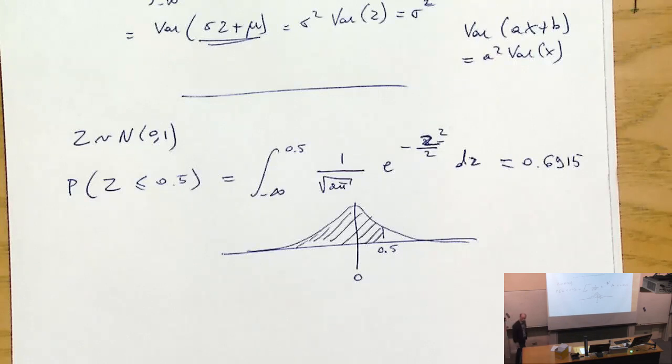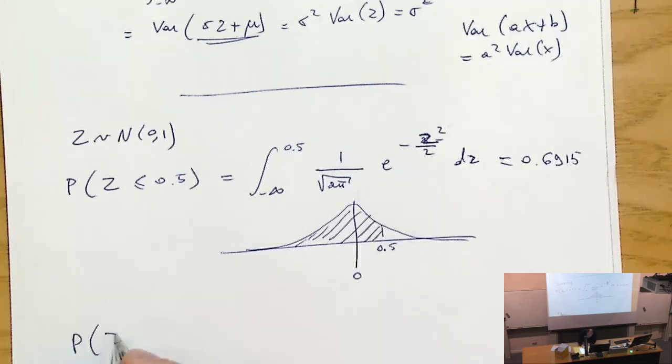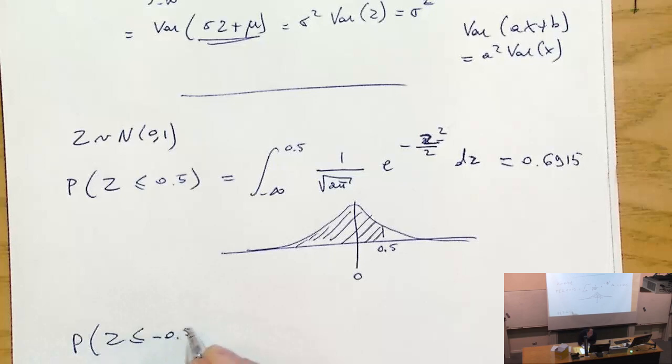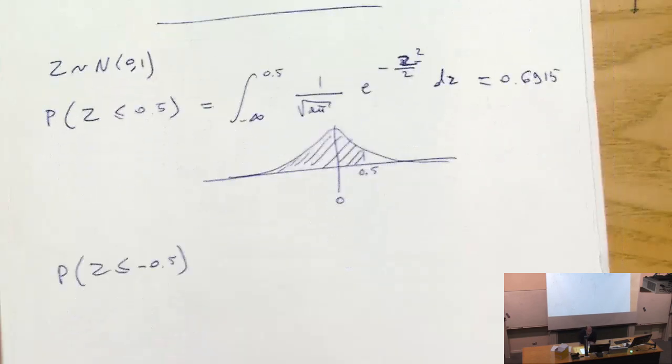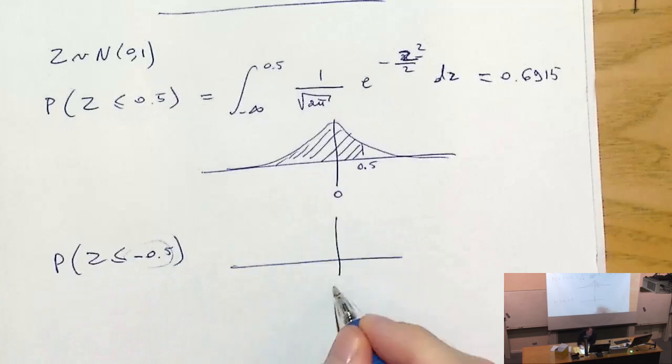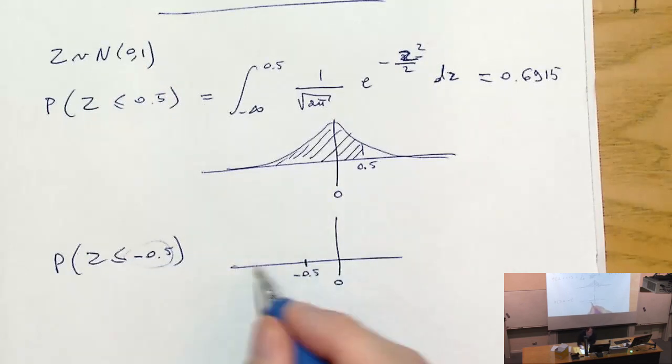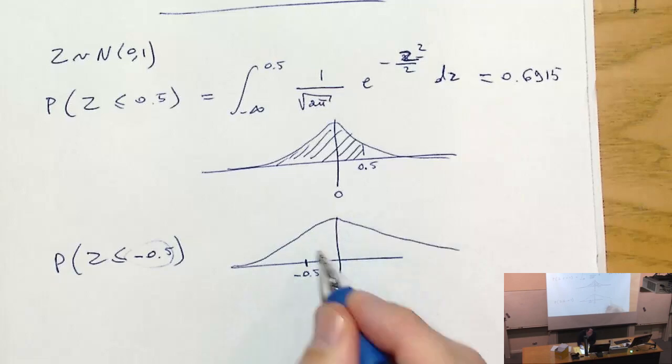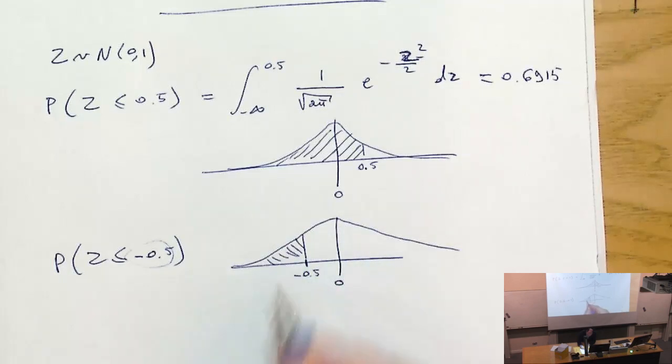So what if you're looking at the probability of Z being smaller than minus 0.5, for instance? So this quantity now is negative. So what you have is 0, you have minus 0.5, you have the distribution like this, and you're looking at this integral.